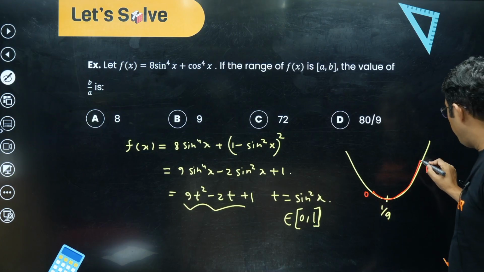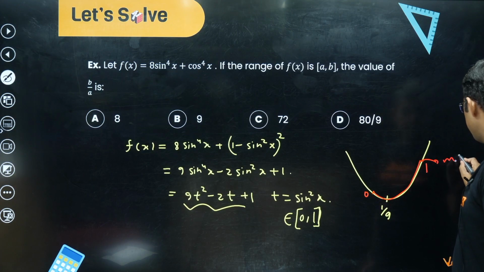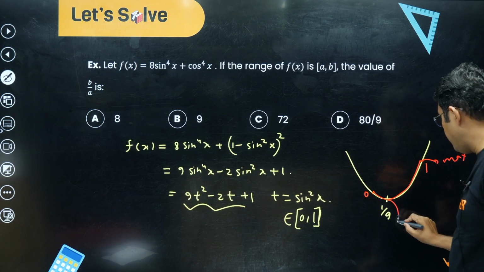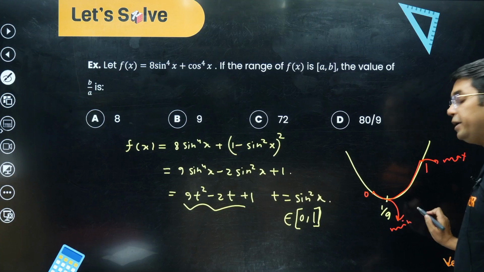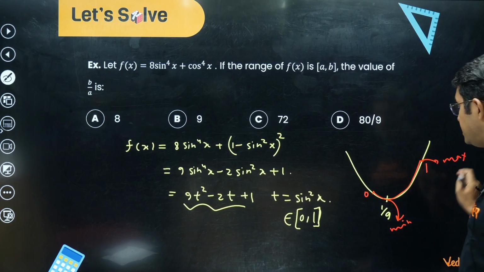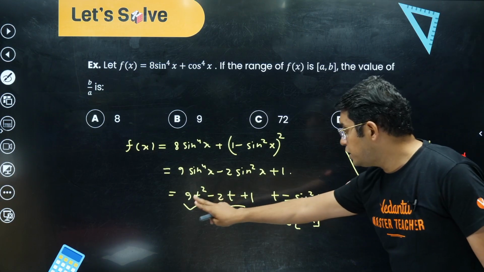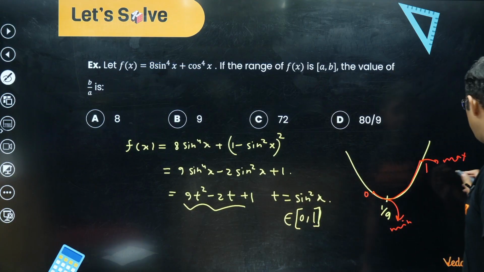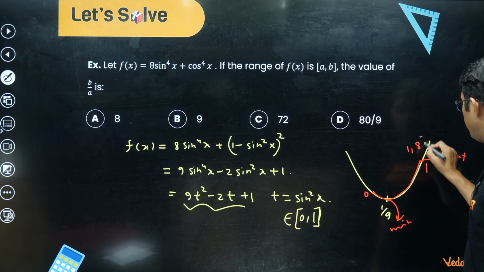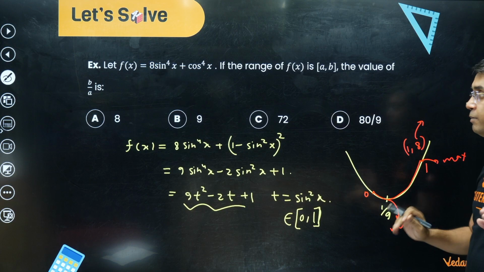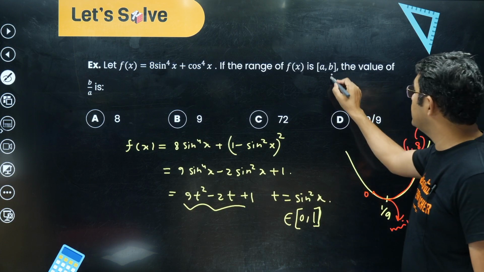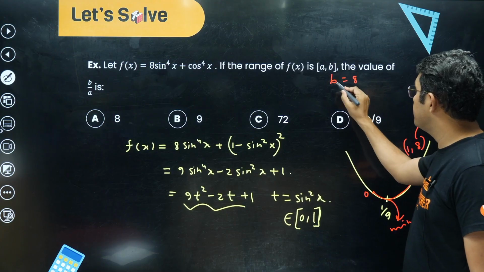So you can see the maximum value will come here and the minimum value will come at this point. For maximum, you just need to put sine square x, or t, as 1. So 9 minus 2, 7, plus 1, 8. So the value at 1 will be 8, and 8 will be the maximum of this function. So b will be equal to 8.